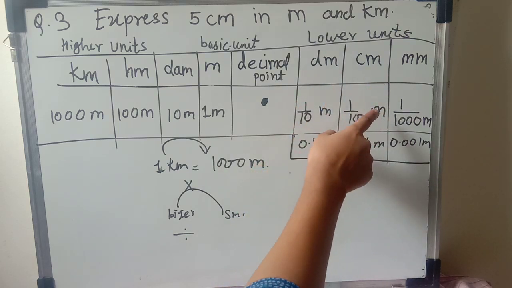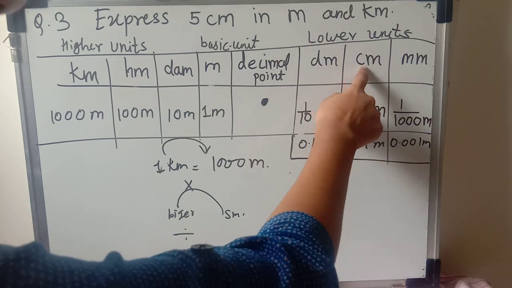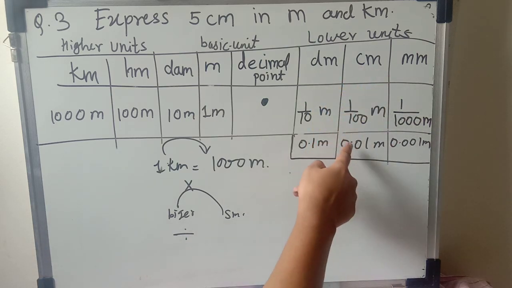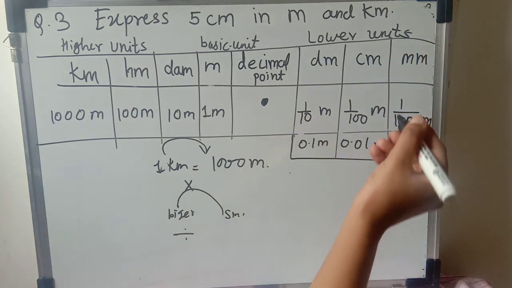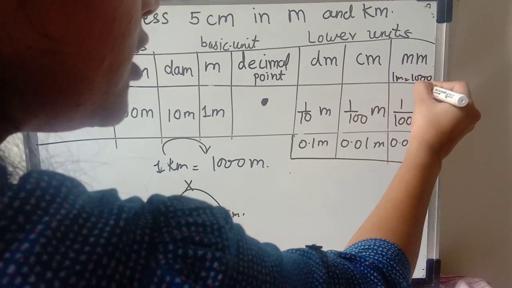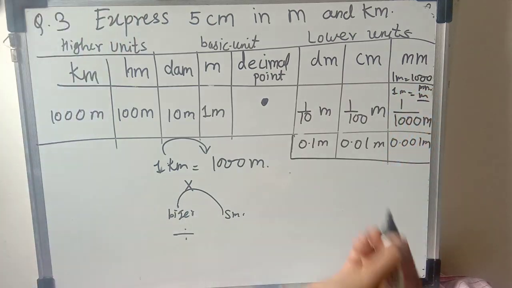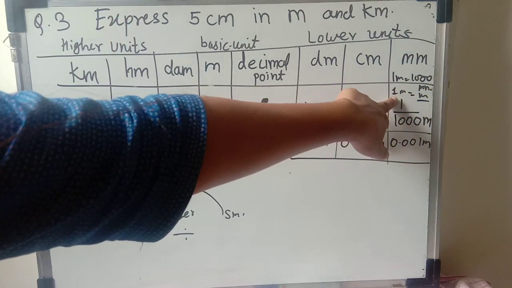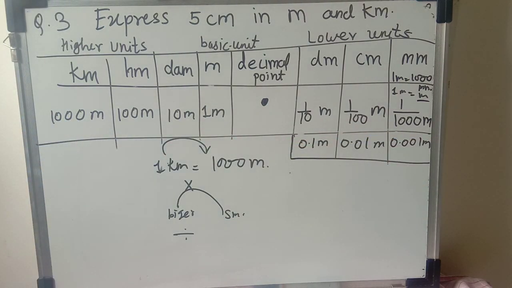We know that 1 meter is equal to 100 centimeter, but 1 centimeter means how many meter? That is 0.01. In exactly the same way, we know that 1 meter is equal to 1000 millimeter, but 1 millimeter is how many meter? That is 1 upon 1000, that is 0.001 meter. Okay, so we have seen here.